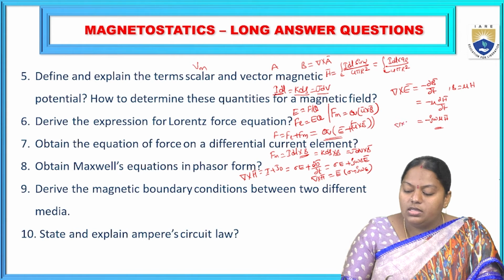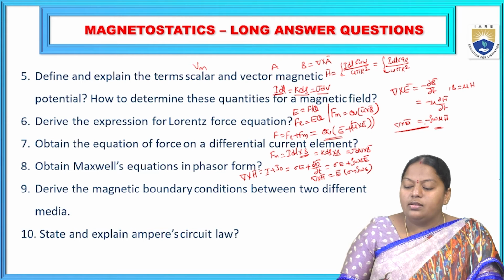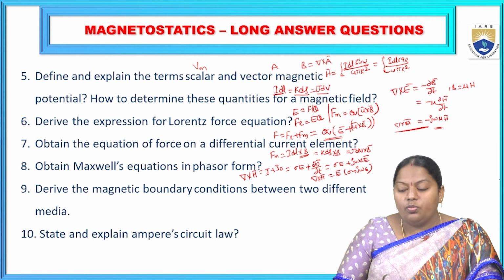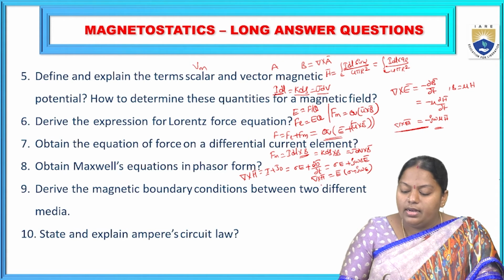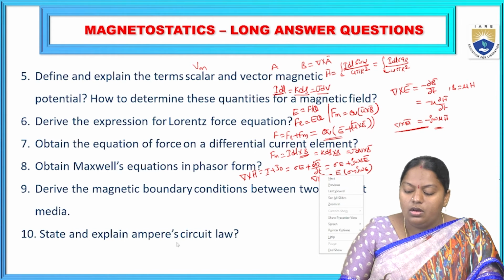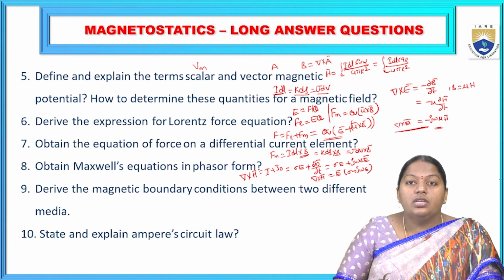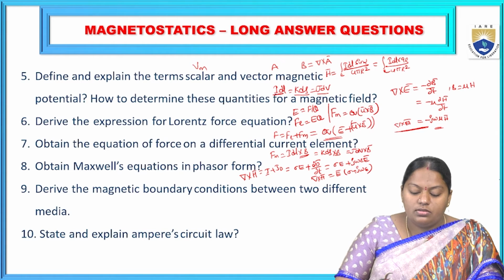Right? Del cross E bar is equal to minus j omega mu into H bar, and del cross H bar is equal to E bar into sigma plus j omega epsilon. These are the two phasor equations of Maxwell's equations.